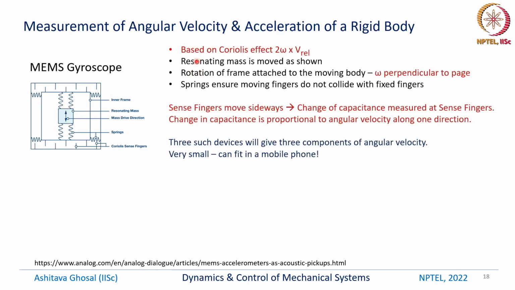Okay, so by measuring the capacitance change, I can find out the Coriolis effect. So I can find out the Coriolis component of the acceleration, which is 2 omega cross v rel. I know what v rel is, and I know what 2 omega cross v rel is. So hence, from the change in capacitance, I can estimate omega.